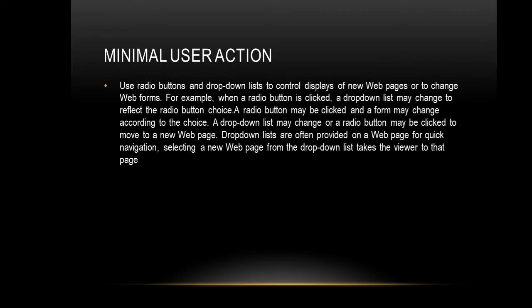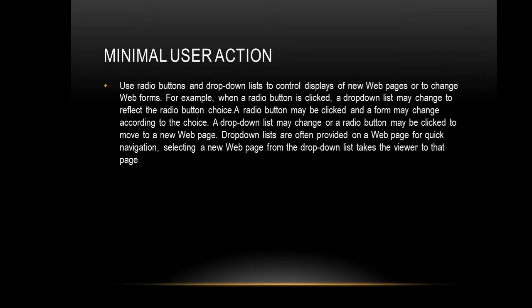Another minimal user action: use radio buttons and drop down lists to control displays of new web pages or to change web forms. For example, when the radio button is clicked, a drop down list may change to reflect the radio button choice. A radio button may be clicked and a form may change according to the choice. A drop down list may change, or a radio button may be clicked to move to a new web page.